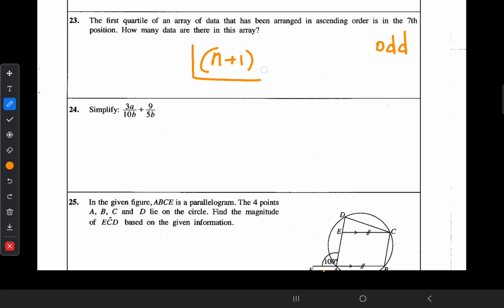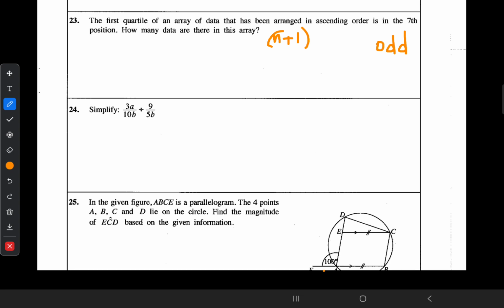If you receive an odd position, the overall data in that particular array is considered as n plus 1.